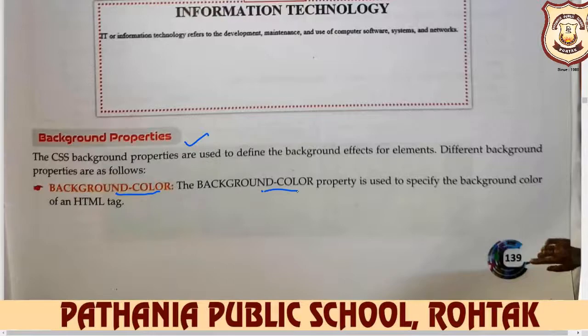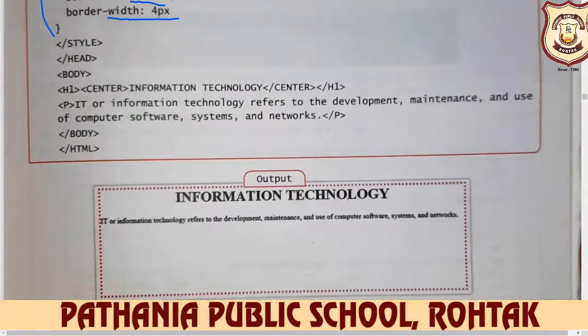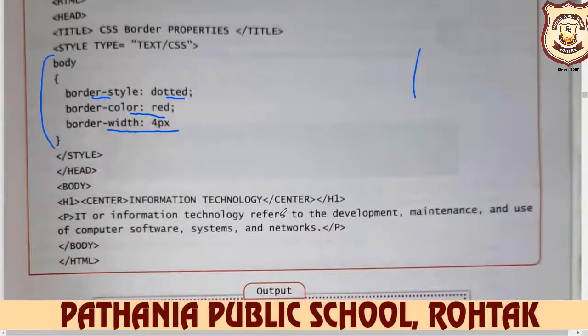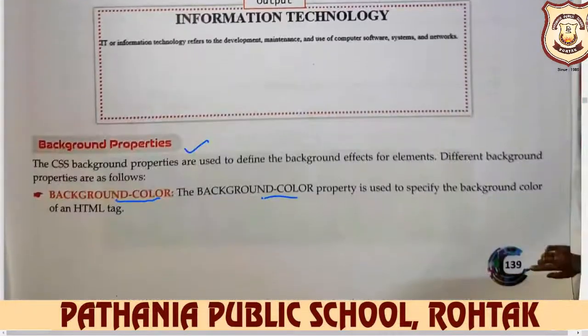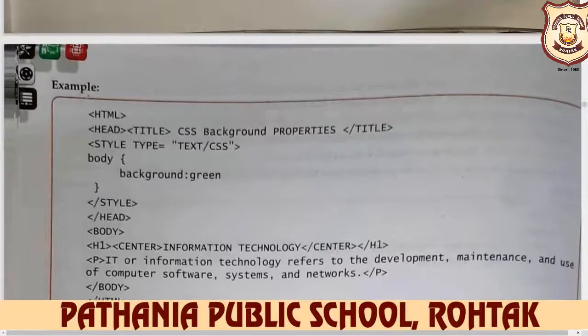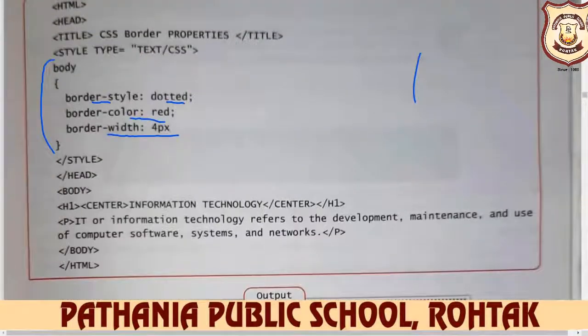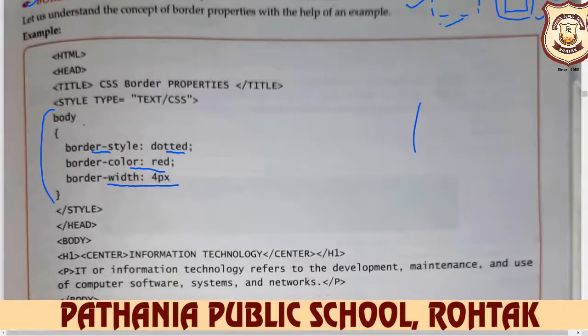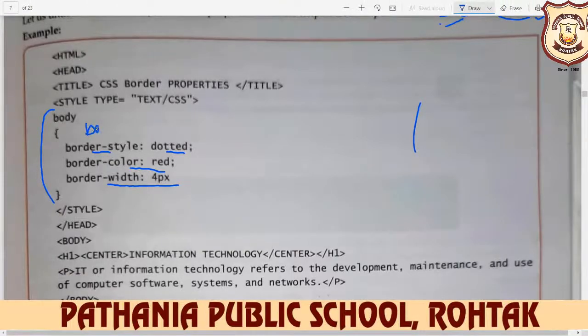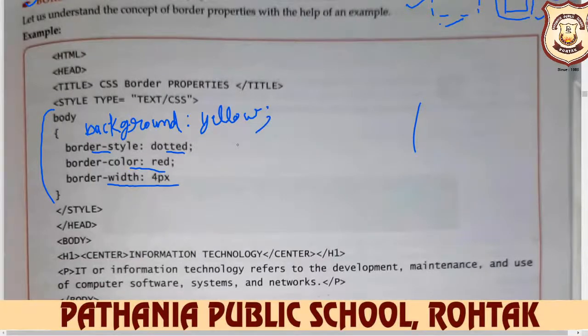But if you write this background in the body tag like this, then you just write background, and then just write the color name, for example yellow, and then put the terminator here.